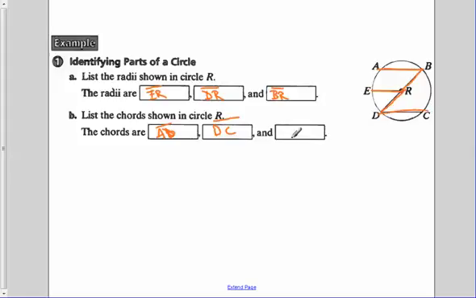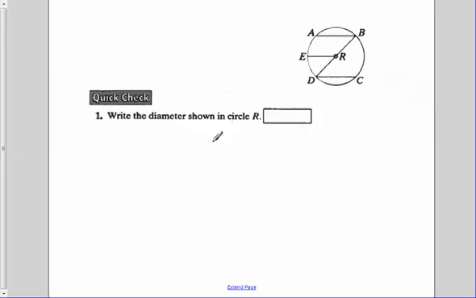And then we have our main one, our diameter, DB, or we'll call it BD, where we are going across the whole circle but passing through the center. So, looking at our circle R, what's the diameter shown? Well, it's going to be BD that we just said before.